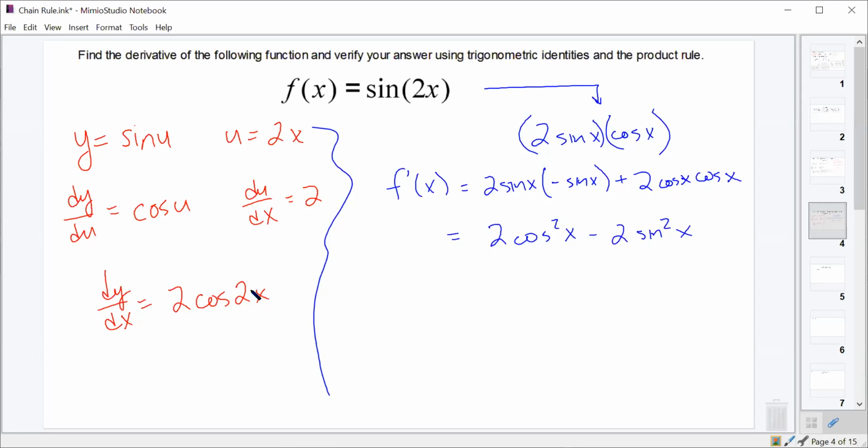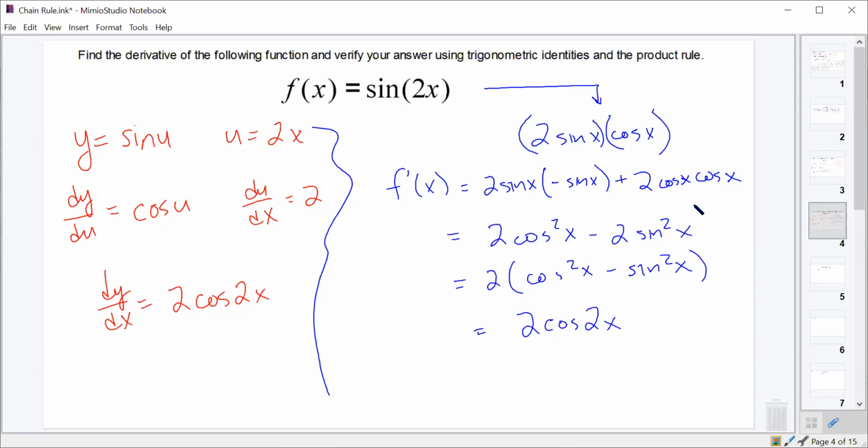Well, that sure doesn't look the same as 2 cosine 2x, does it? I could factor out the 2, couldn't I? That doesn't look like it either. But on that same formula sheet, what does cosine squared x minus sine squared x equal? Cosine of 2x. So that's 2 cosine 2x.